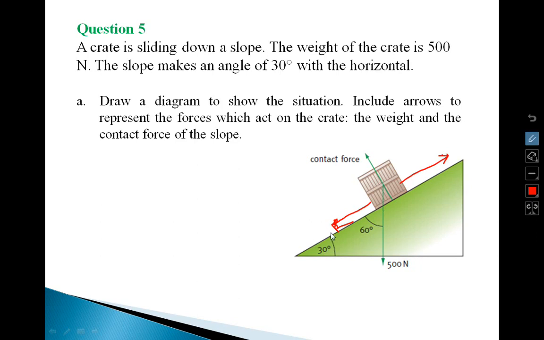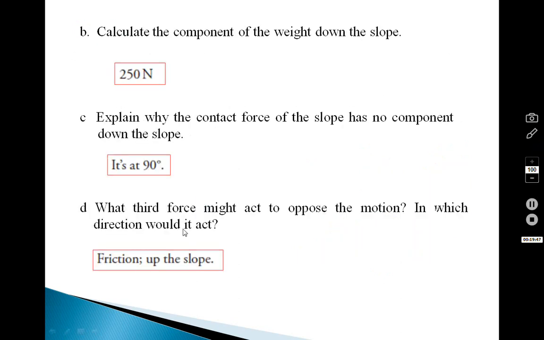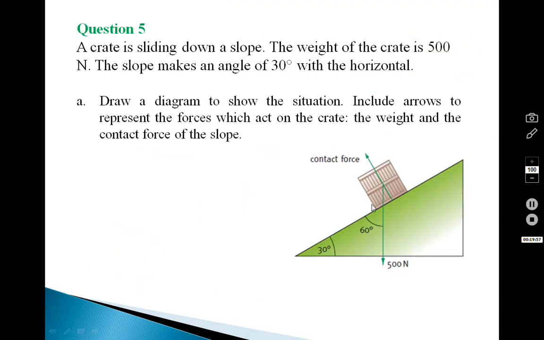So there are four forces: the acceleration down, the contact force, the friction, and the weight. The third force that might act opposite to the motion is friction, and the friction is always up the slope.